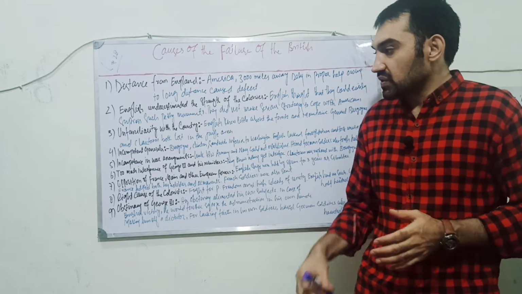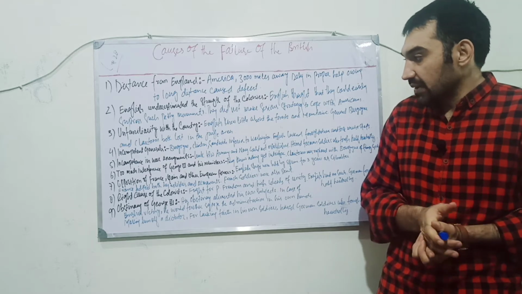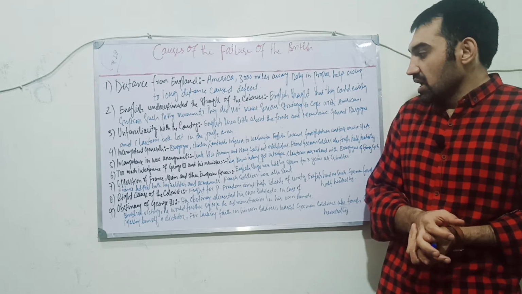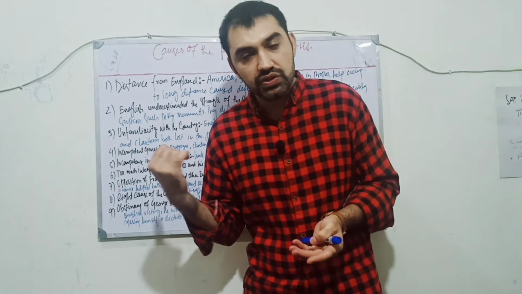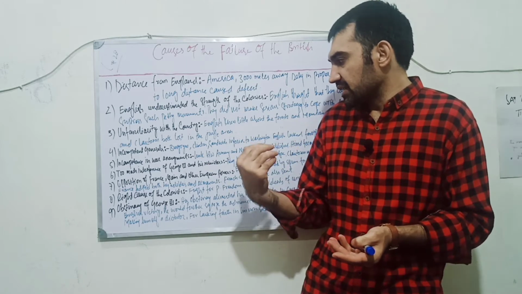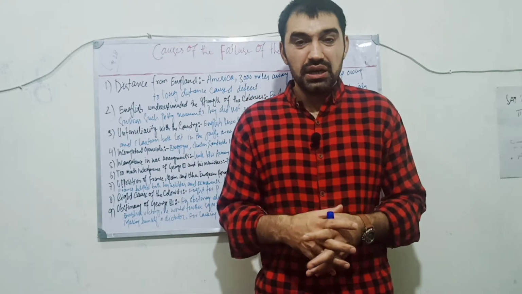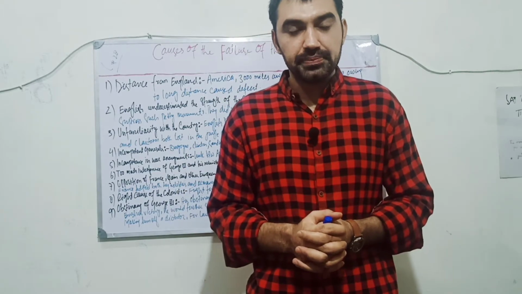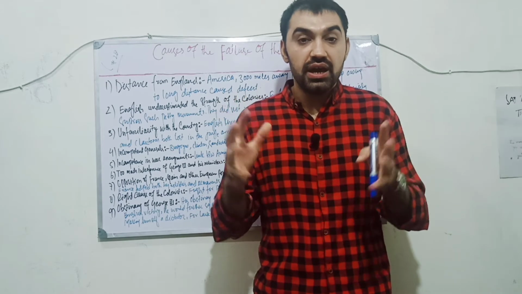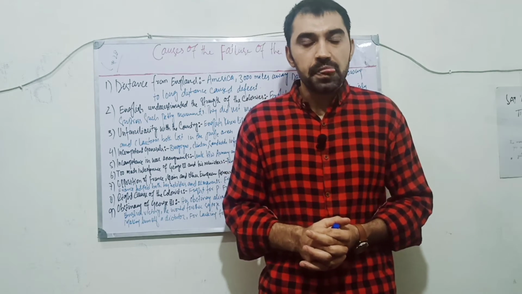The fourth one is incompetent generals. Bourgogne, Clinton, Sandwich, they were inferior to George Washington, who was very wise, very far-sighted, and a statesman.